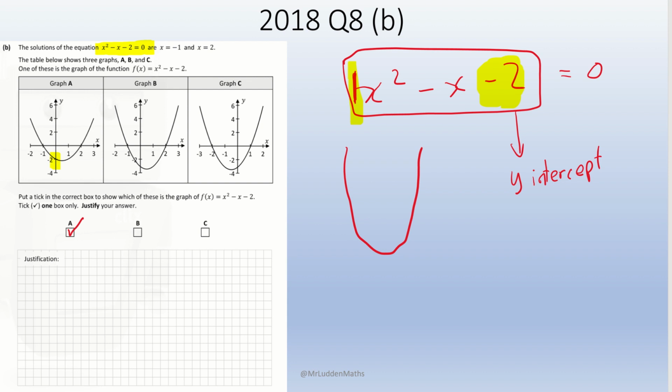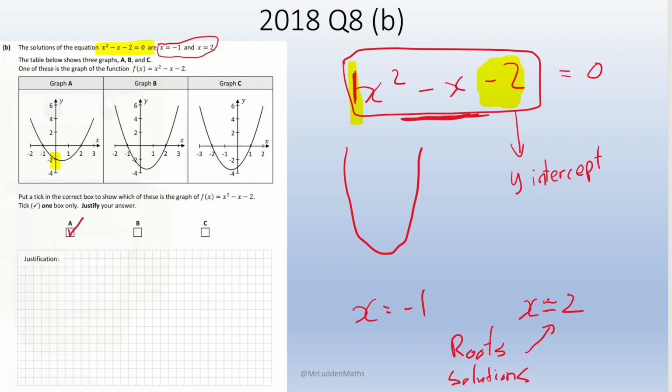And you're told that the solutions of the equation are x is equal to -1 and x is equal to 2. What they've actually done is they've factorized your quadratic up top here, and then they've got the roots. So your roots or your solutions are the same thing. And if you remember what I was talking about a couple of minutes ago, your roots are where your graph crosses the x-axis.